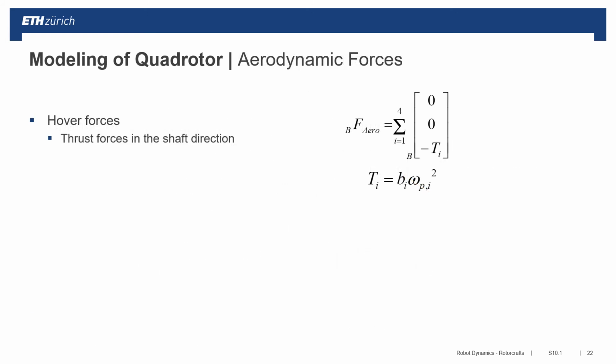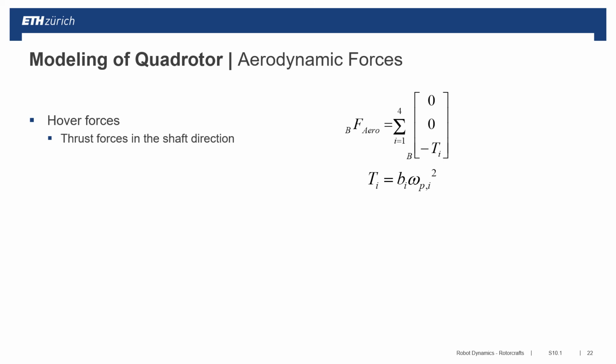As we have seen before, our main forces generated by the rotors are the thrust forces. These thrust forces are actually acting in the Z direction of the body frame. Now in the hover case, the body frame and the earth frame are aligned, and so these thrust forces are then also directly acting in the Z direction of the earth frame.